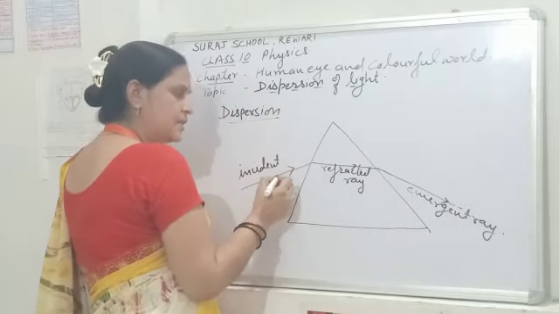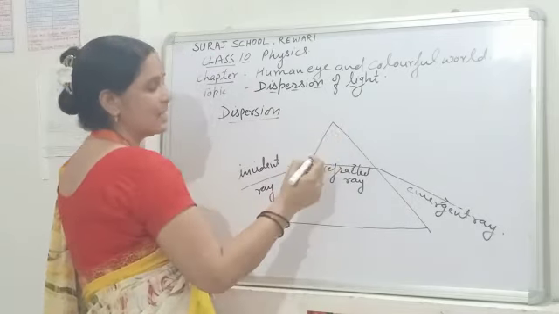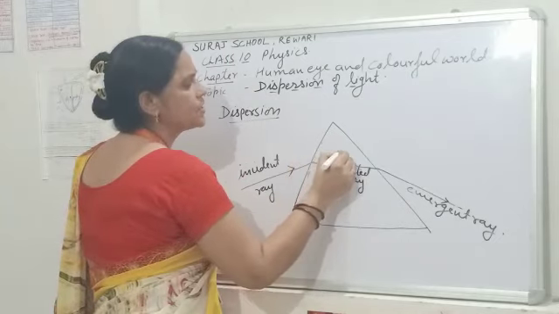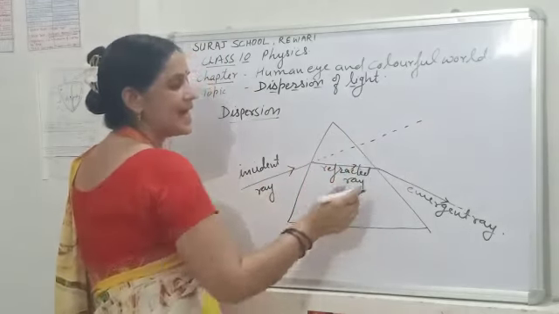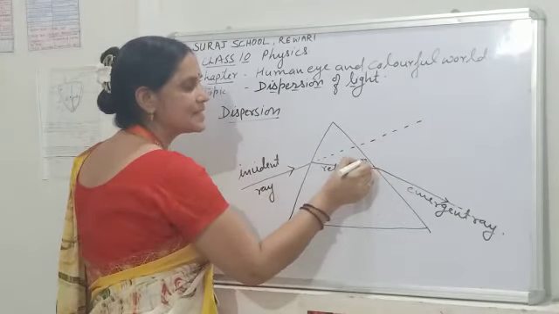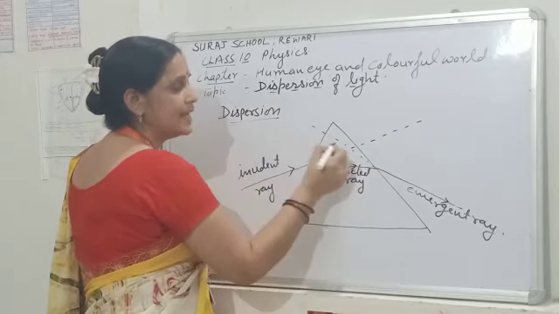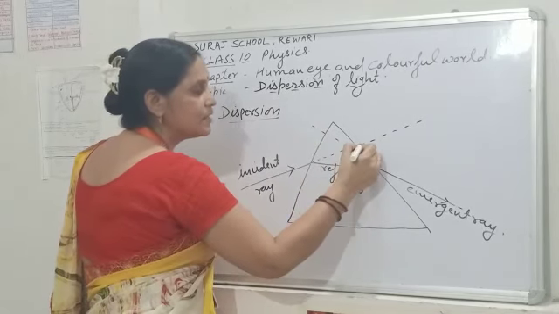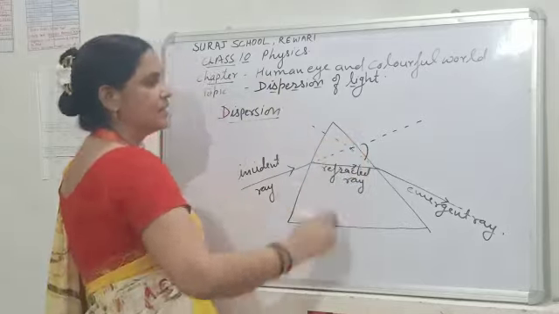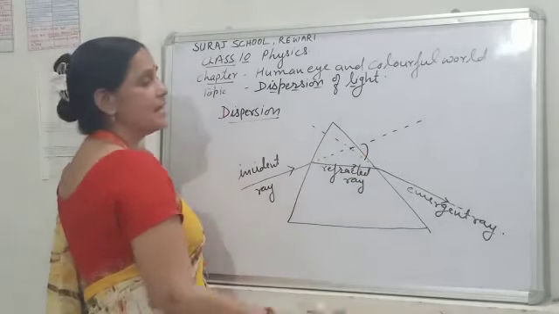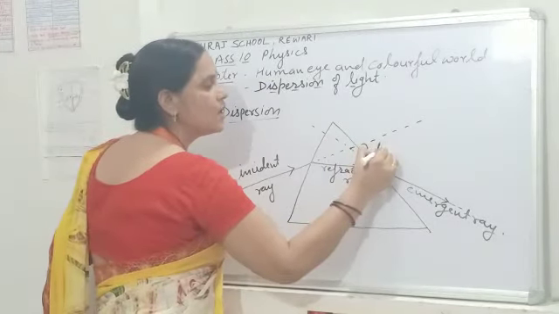If the incident ray is extended in the forward direction like this, and the emergent ray is extended in this way, then the angle between the incident ray and the emergent ray is called the angle of deviation.